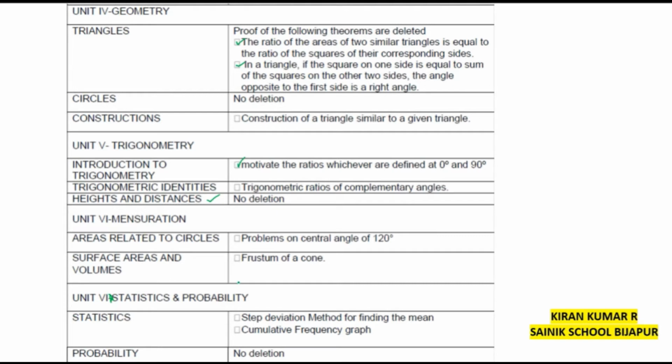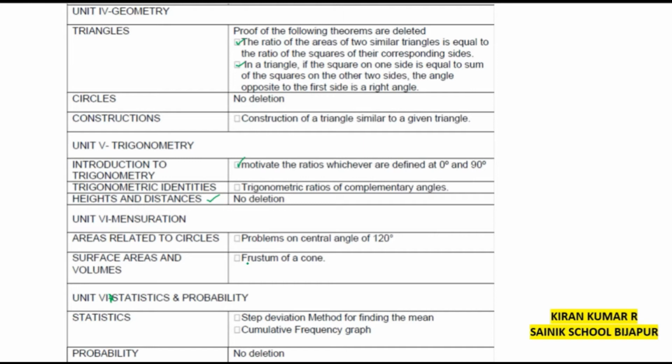However, I'll be covering all the topics because most of the topics which are deleted are also essential topics for any competitive examination. You will understand the importance of the method of cross multiplication in class 11 and 12.